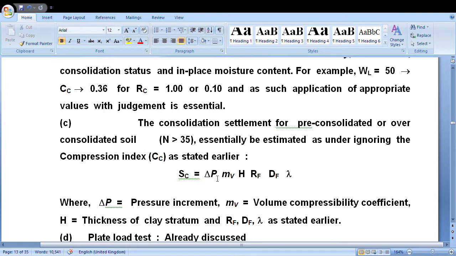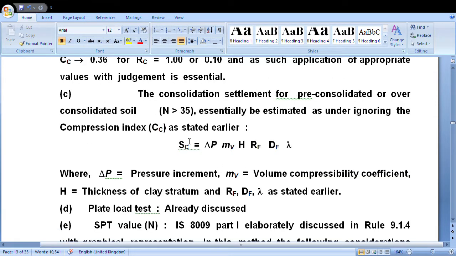This is pressure increment, and this is the volume compressibility coefficient, thickness, rigidity factor, depth factor, and lambda. This gives very comfortable results.